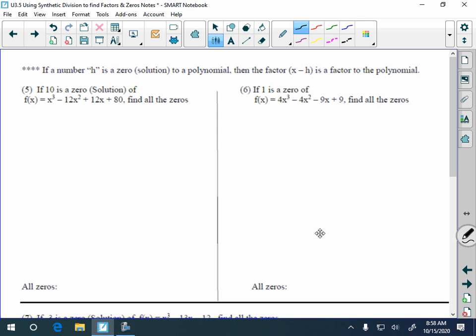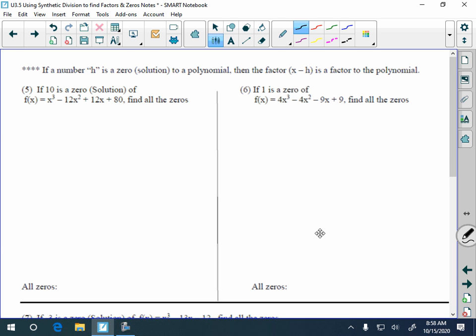If we know a binomial is a factor of the polynomial, then we change the sign of the number inside. So if it says x minus h, we change the sign to h, then h is considered to be a 0 or a solution to the problem. All right, and so it works back and forth.